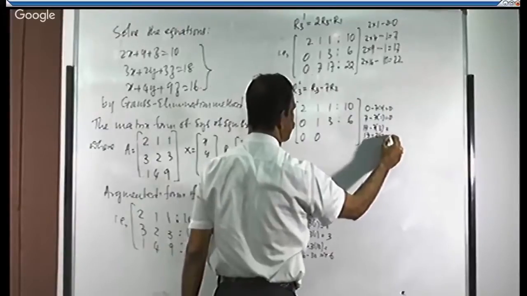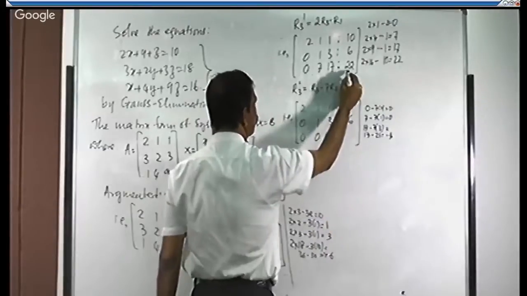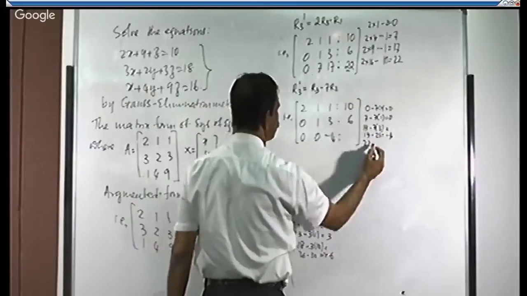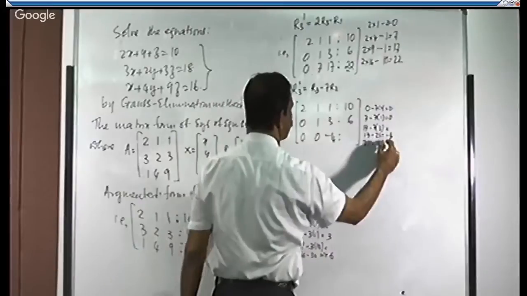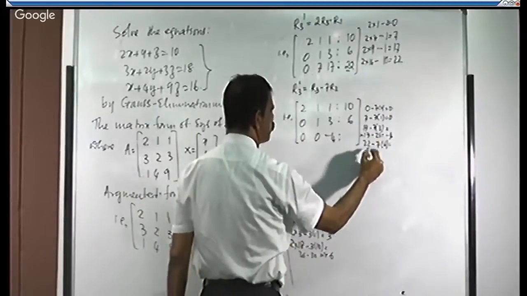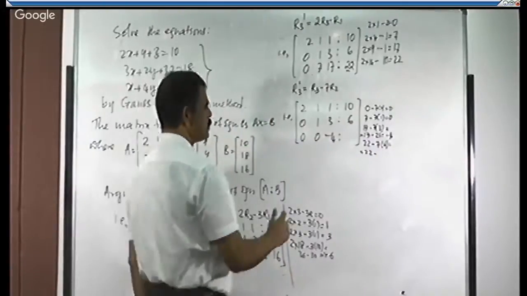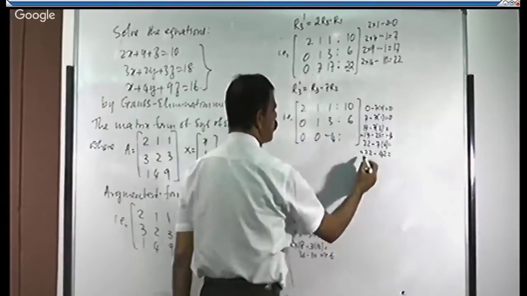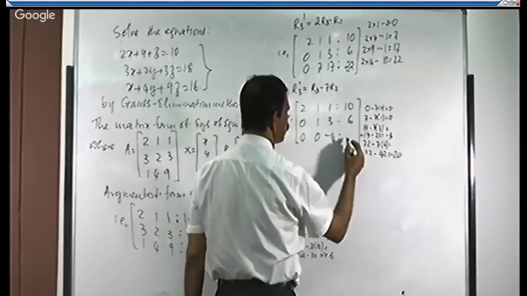It becomes minus 4. Again, we apply it for 22 also. R3, 22 minus 7 times R2. R2 is what? 6. So 22 minus 7 into 6, 42. Right? 22 minus 42 is equal to minus 20.